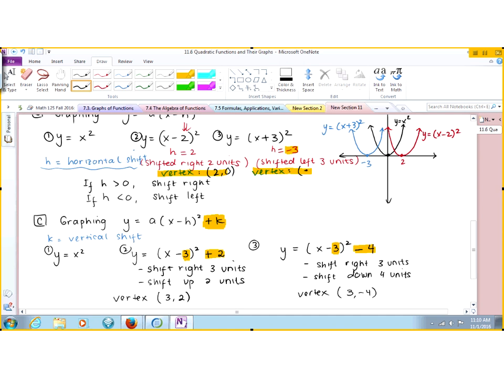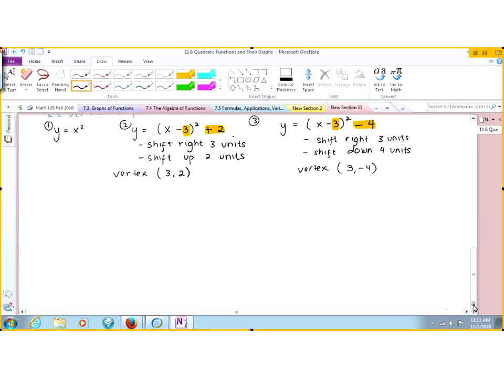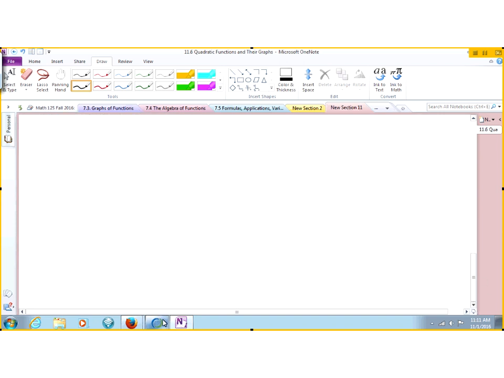And what about here? You shift left 3 units, so it is -3, 0. Are we okay so far? So I'm going to graph these two, okay, using decimals.